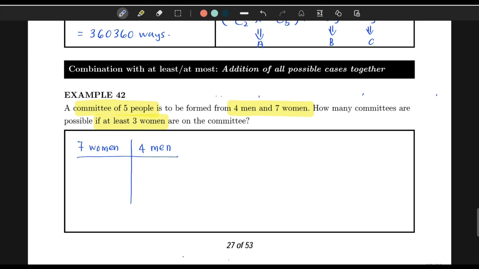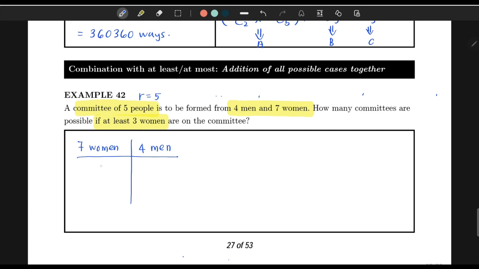Then we have to choose at least. We want to choose 5 people, so R equal to 5 from N equal to 12, but we have to choose at least 3 women. So from 5 members, we can choose at least 3 women.